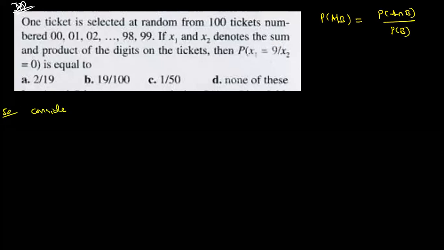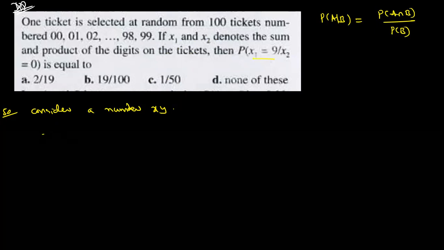Now let us see the solution. Consider a number, I'm taking some xy. Is it clear, dear students? Now see carefully. X1 is equal to 9 and X2 is equal to 0.